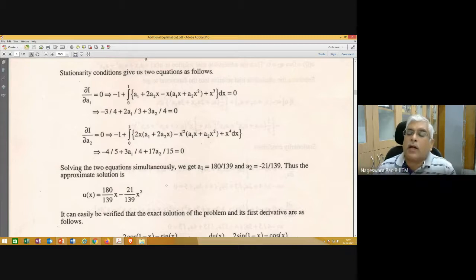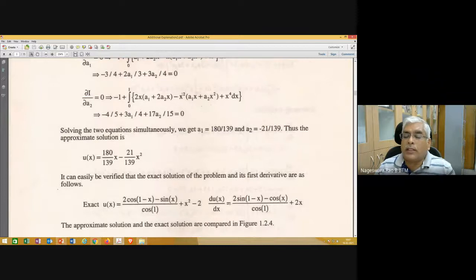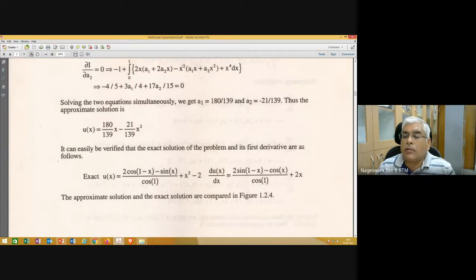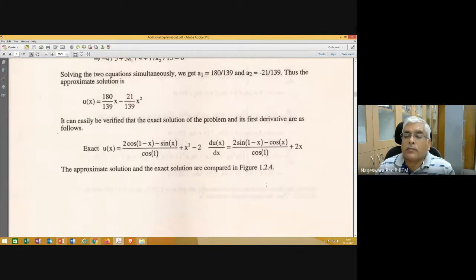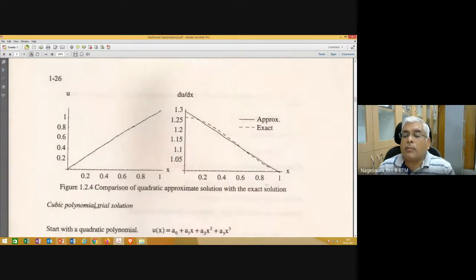If you want to see how it matches the exact solution, you need to plot it. You can plot the approximate solution as well as its derivative. This is how it matches.